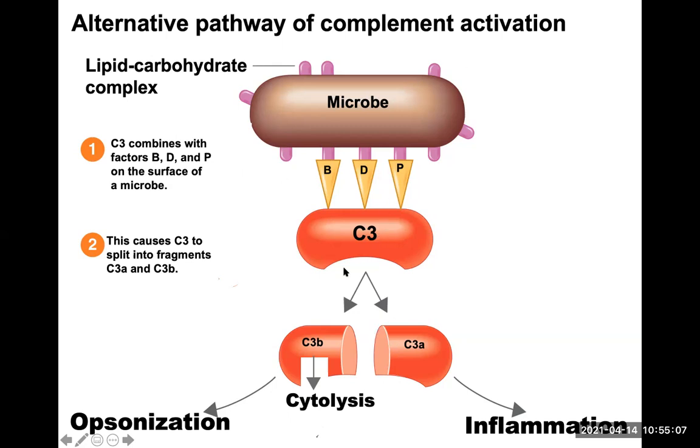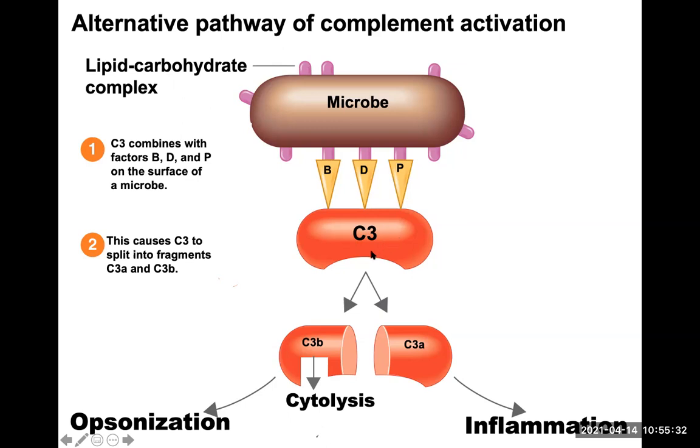So you do need to know everything here, right? Some of the receptors on microbes are these lipid carbohydrate patterns that will bind to these factors in the blood called BDP, and those are going to directly cleave the C3 protein. C3 is also always in the blood.